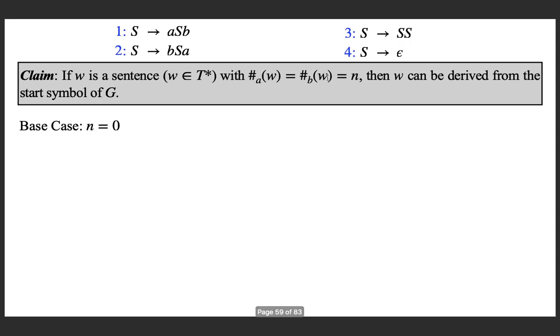Base case: the number of A's and B's is 0, meaning the string is the null string. This is the only string where the number of A's is 0 and the number of B's is 0, and hence proved, because you can derive this string using just one production or one step. So that is done.